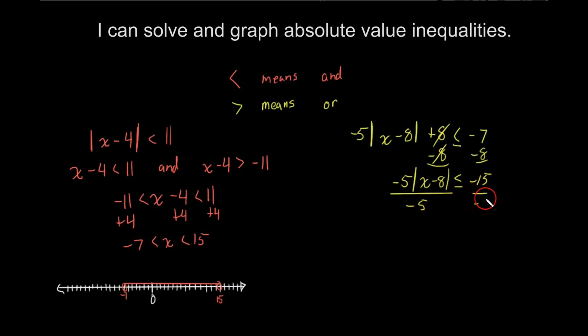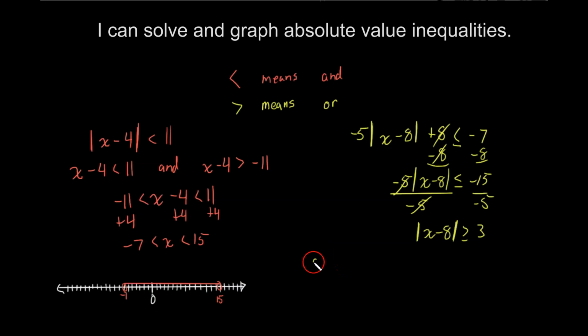When I divide by negative 5, remember, I need to flip my inequality. It gives me the absolute value of x − 8 is greater than or equal to 3. Greater than includes greater than or equal to, just to clarify. So this is going to be an "or" compound inequality.